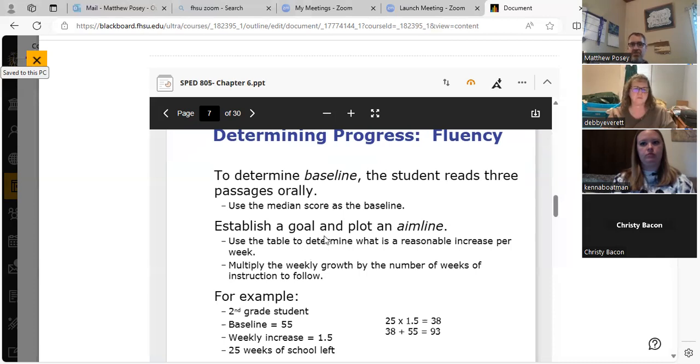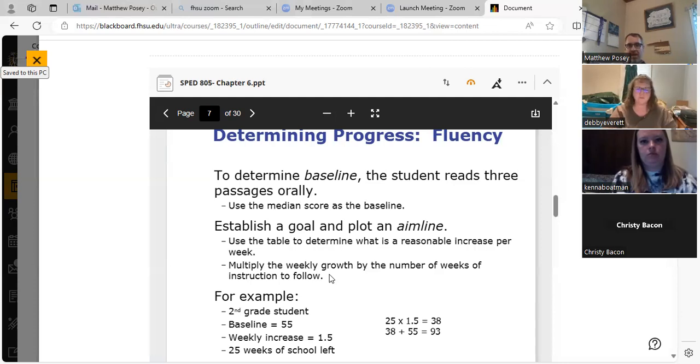Okay, establish a goal and plot an aim line. So this is where, based on your baseline, you decide what you're hoping that student will increase per week. You can go back and look at that table as a reference that I just showed you to determine what you feel is going to be a reasonable increase per week based on your baseline.